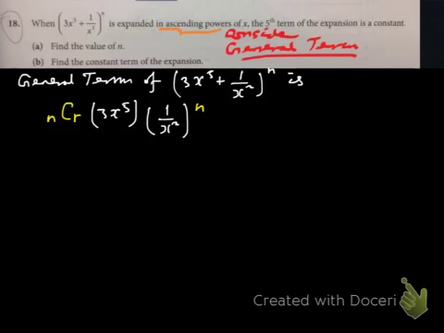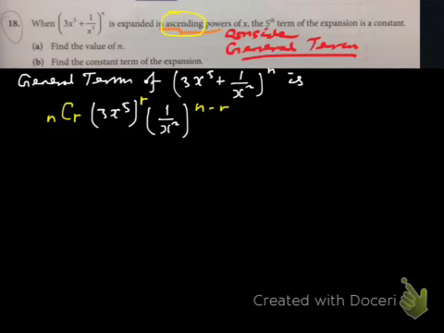So by looking at this, I got 1 over x squared, and by ascending the smallest term, I would have the power to the n from the start. So I will have n minus r for my first term, because r starts from 0, and the other term I will put into r, and that way I will have ascending power of x.